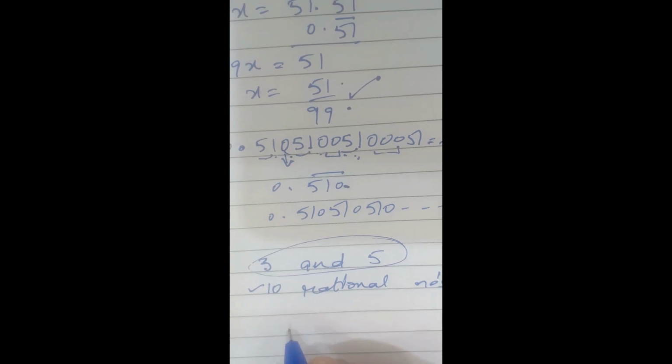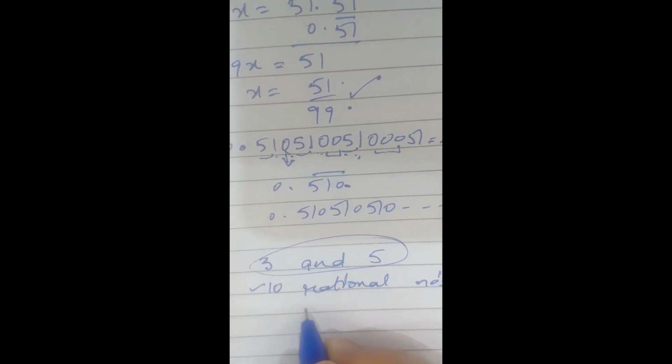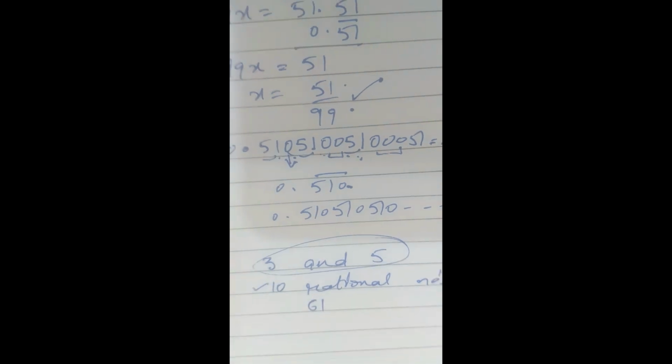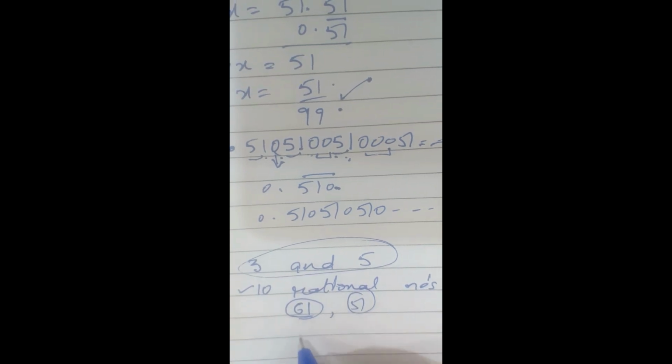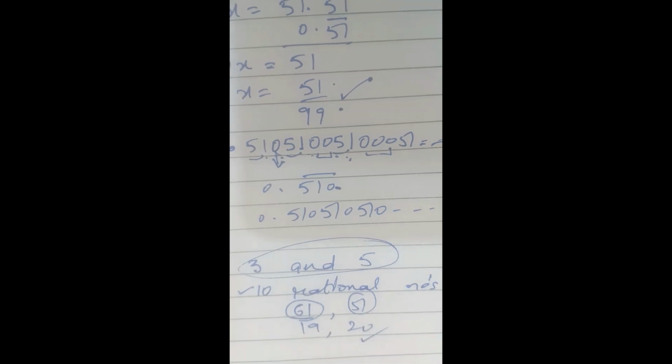Suppose I'm going to select this time 61. A very odd number I have selected, but I'm telling you, since I have to write 10 rational numbers, for example, I may write 61, I may write 51, I may write 19, I may write 20, fine. So, okay, let's take 20.